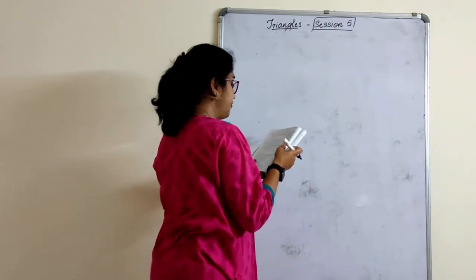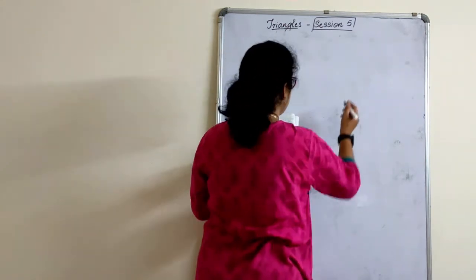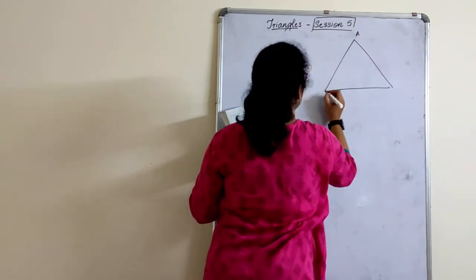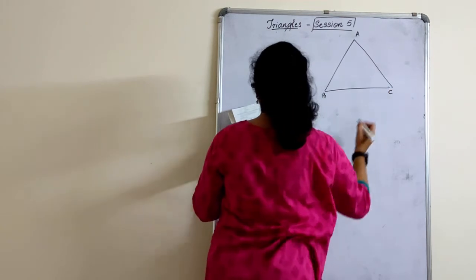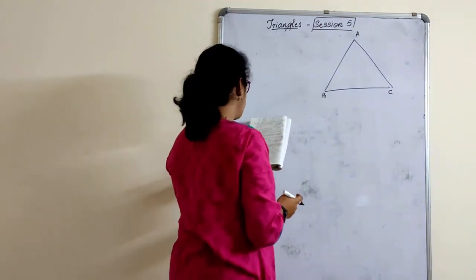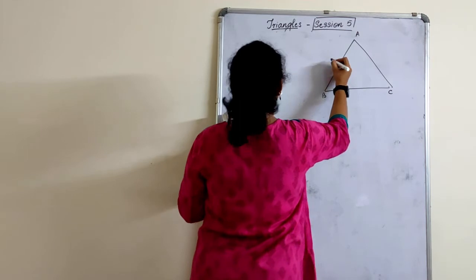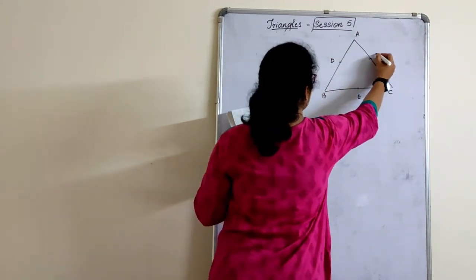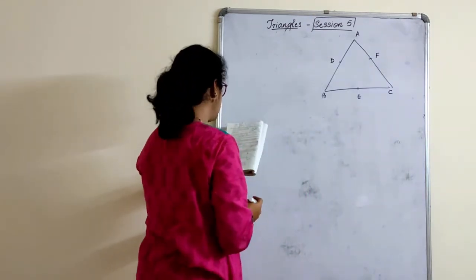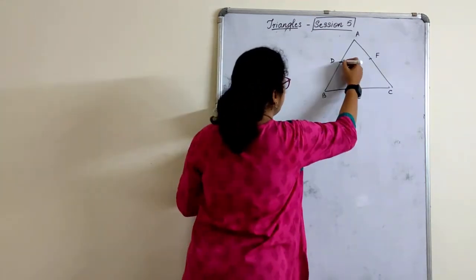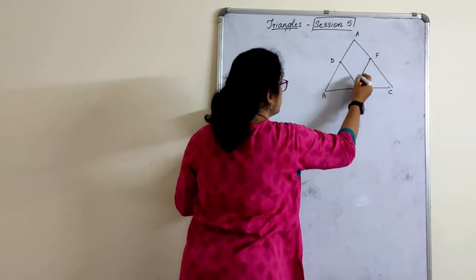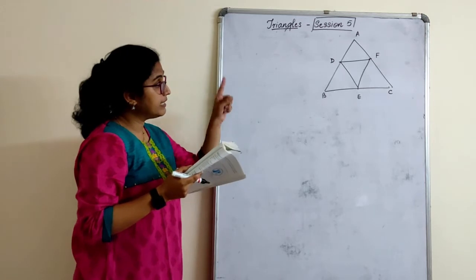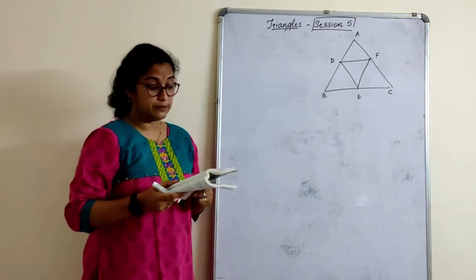So D, E and F respectively are midpoints of sides AB, BC and CA of triangle ABC. That means D is a midpoint of AB, E is a midpoint of BC and F is a midpoint of AC respectively. And the triangle we form from that is triangle DEF. Find the ratio of the area of triangle DEF to triangle ABC.